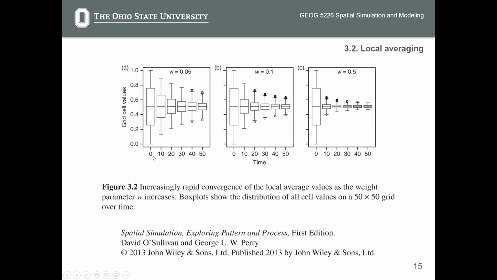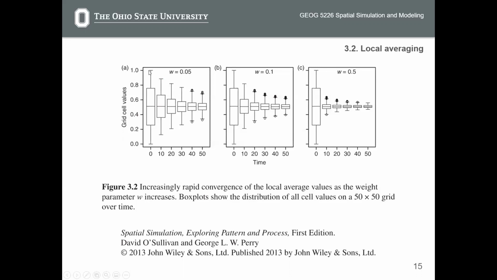The horizontal axis is for ticks or generations or time. So 0, 10 ticks until 50 ticks, right? The vertical one is grid cell values. For example, at 0 tick, the values vary from 0.0. That's the lower whisker. We call this whisker, or you can say that's the minimum value for all cells, 0.